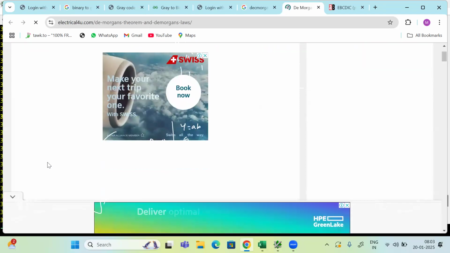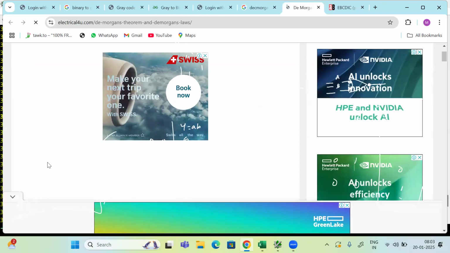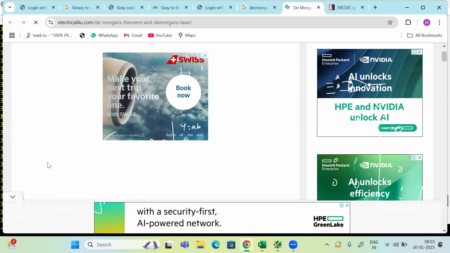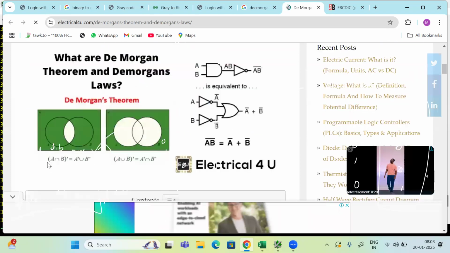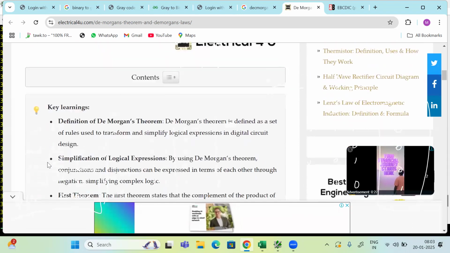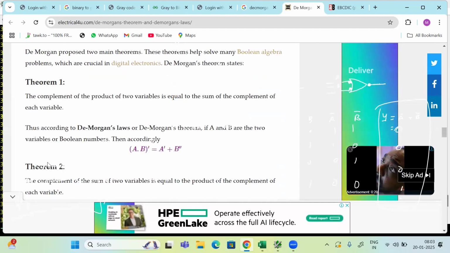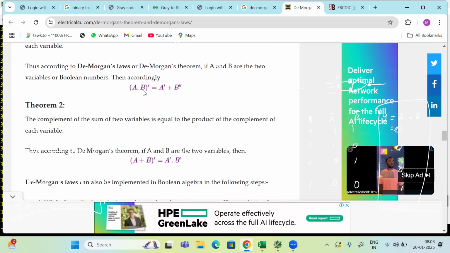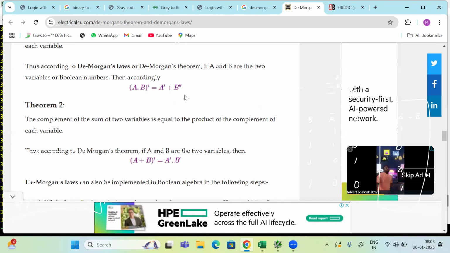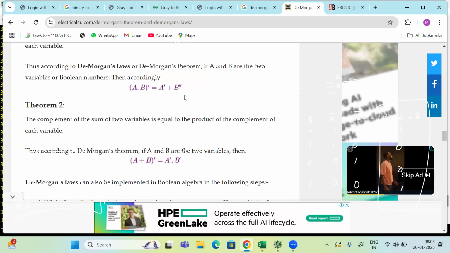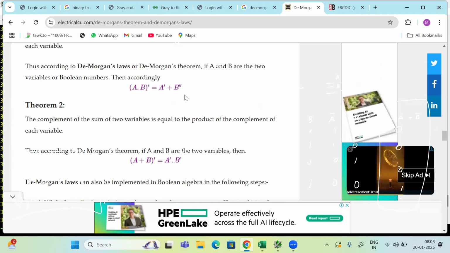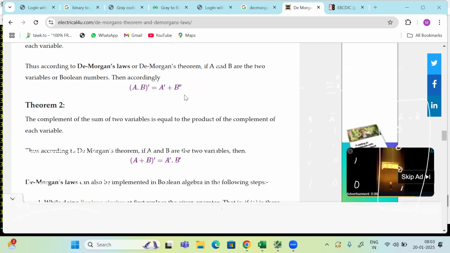How many people remember De Morgan's law? Tell me the equation, AB whole bar is A bar plus B bar. Hardly a few people know this one, correct? Tell me whatever you have written.